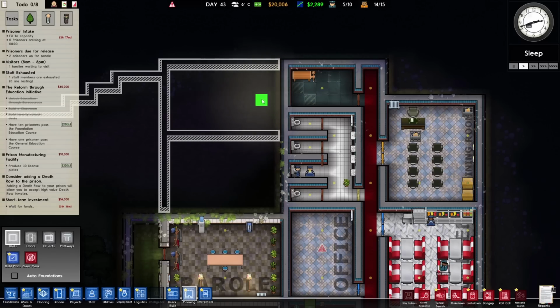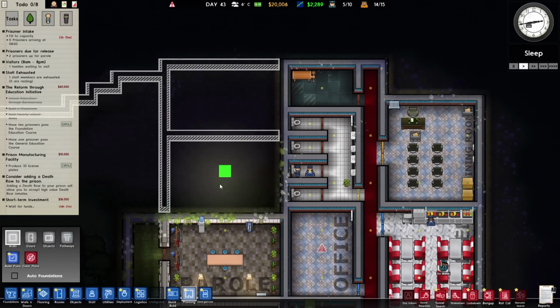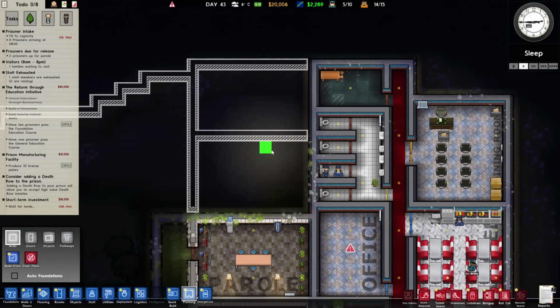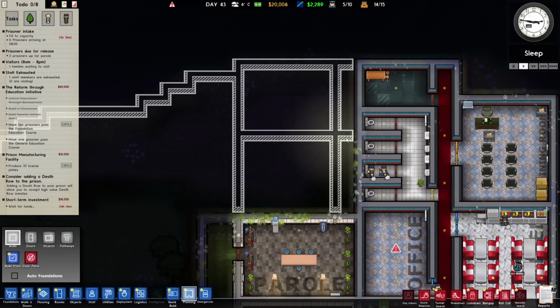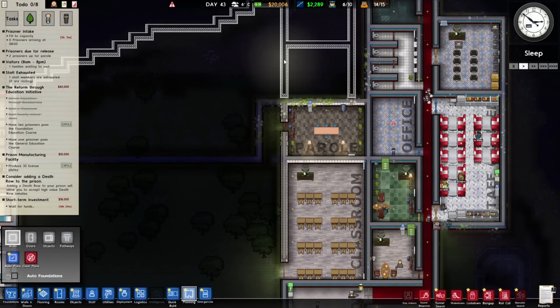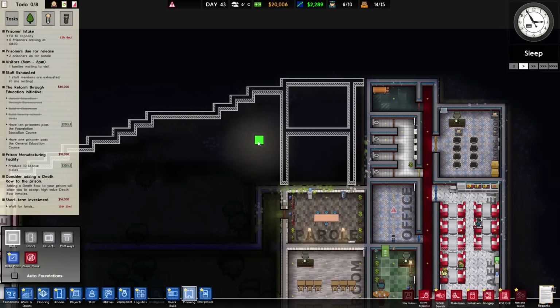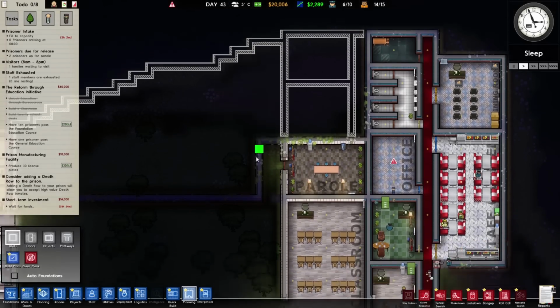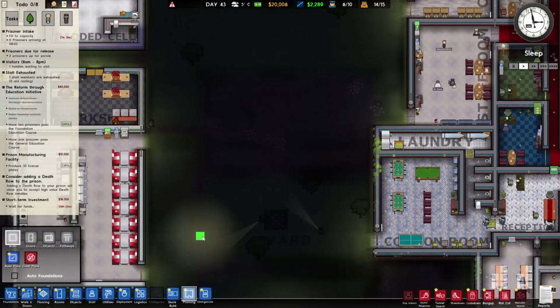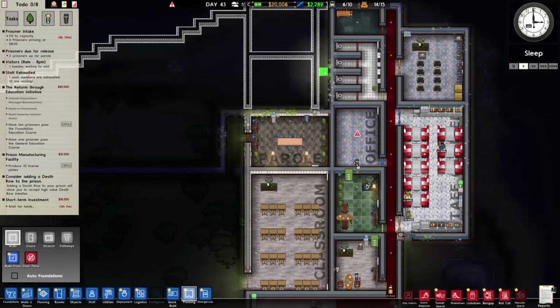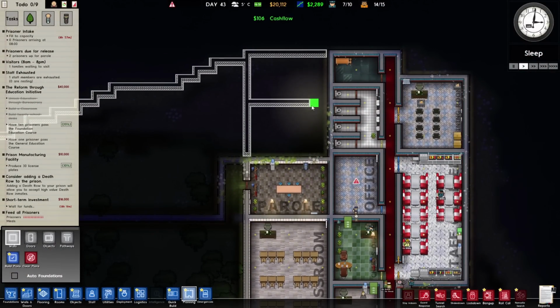That could come into here, and they could have access to, say, the psychologist room and the psychiatrist room from over here. If we made a little corridor going like that, that could come round here, then they could get access to those without having to go through the main bit of the prison. That might speed things up a little bit, although if we are going to do our grand corridor around the edge here project, that's a little bit pointless. But okay, so right now, we'll just zone that out like that.